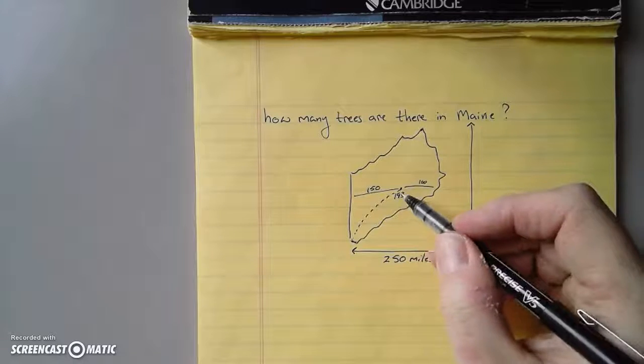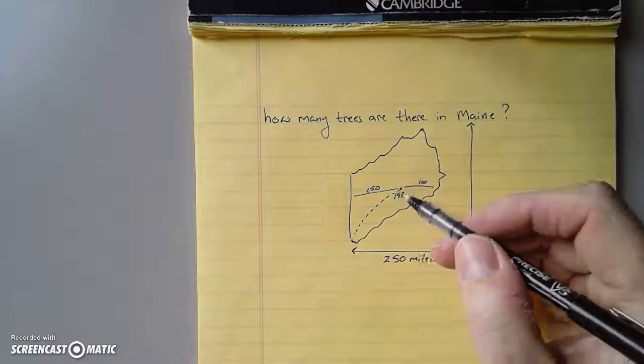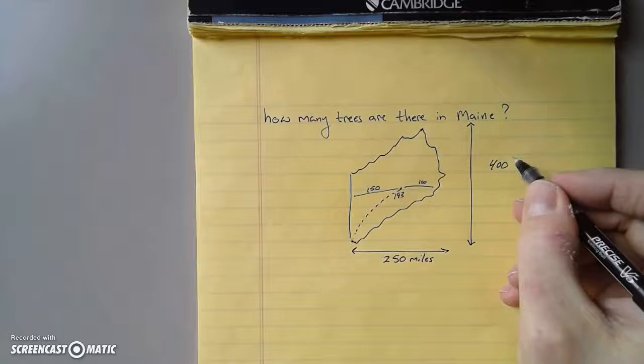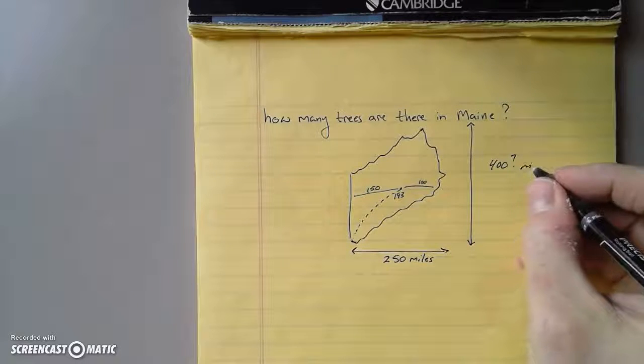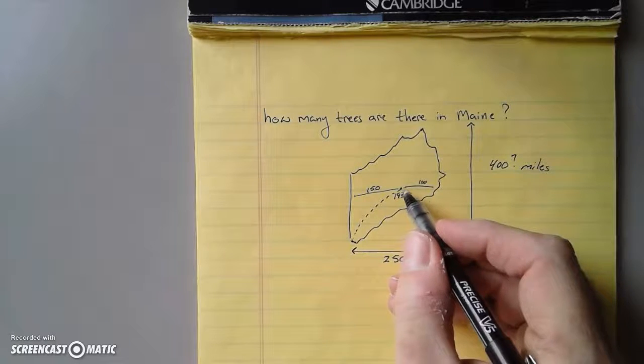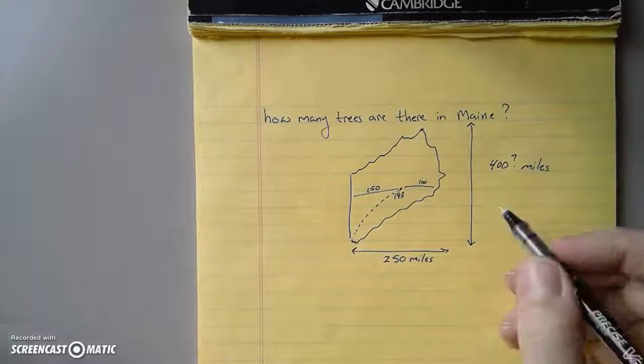So, that's not a straight line north and south, but maybe 400 miles, because Bangor and Old Town to me seem about halfway north to south.